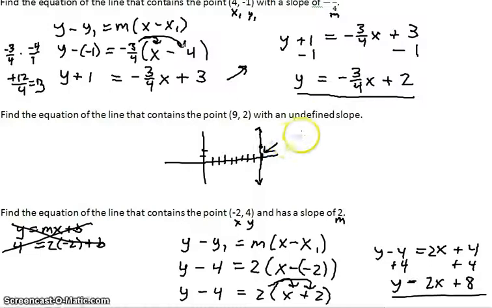And it's defined by where it goes through the x-axis, and it goes through the x-axis at 9, so there's my line. That's all you need to write. Undefined slopes happen to be vertical lines, so that's all you can write for vertical lines. They don't act like other lines, so you have to write them as x equals whatever their intercept is.